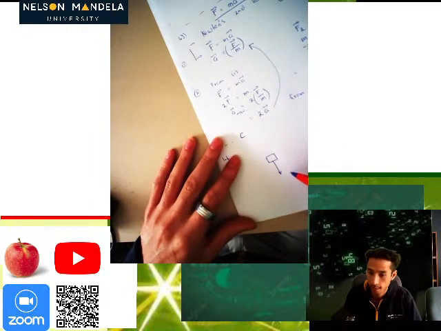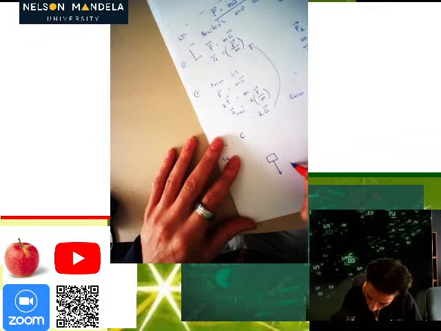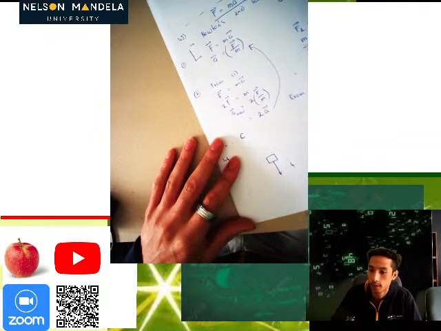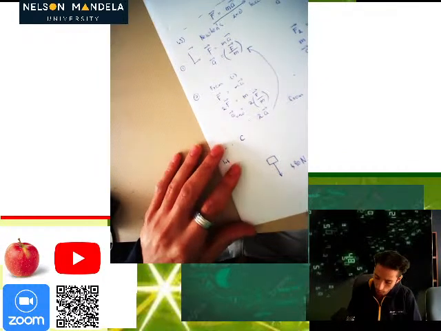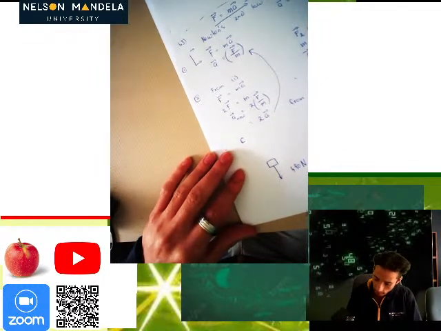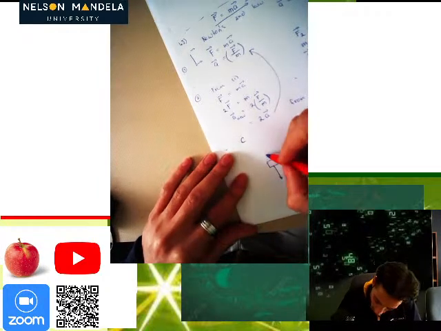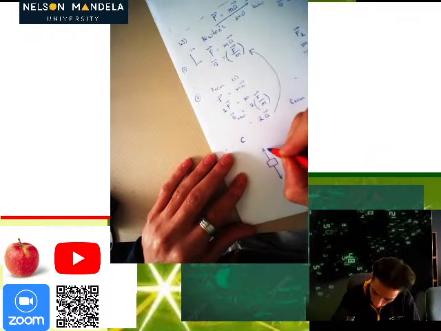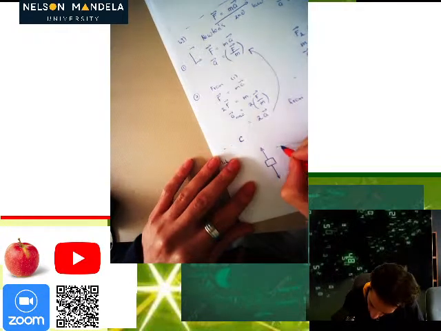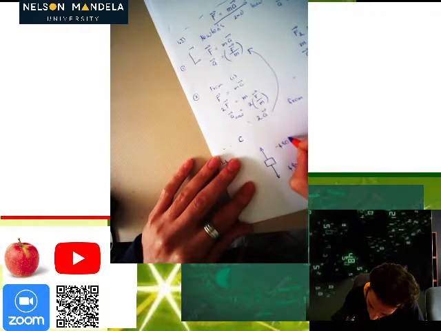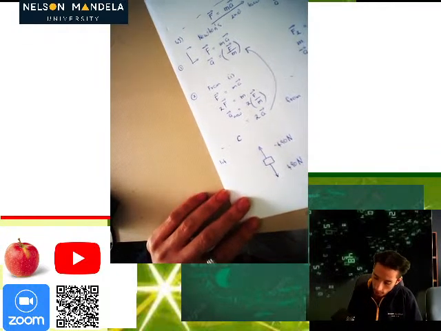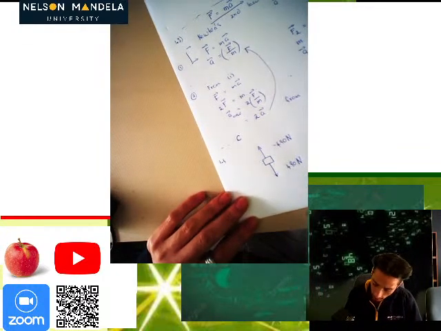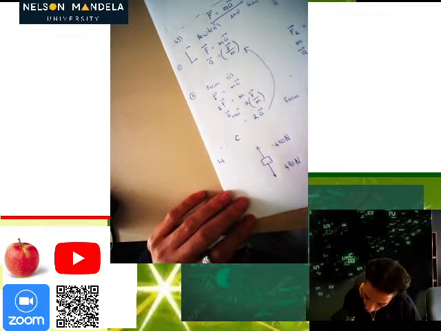The force that's pulling him toward the earth is 490 newtons, so that's what the scale is measuring, and according to Newton's second law, there's an equal but opposite force applied, so that's negative 490 newtons in the opposite direction.